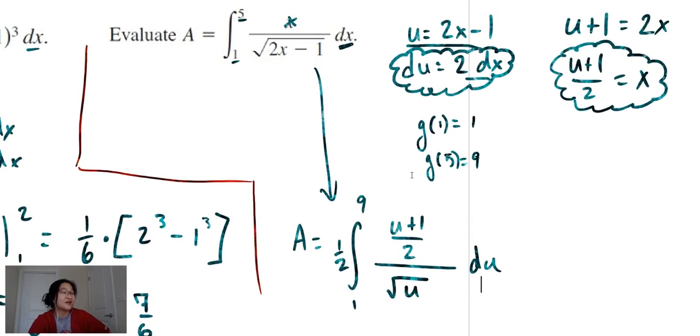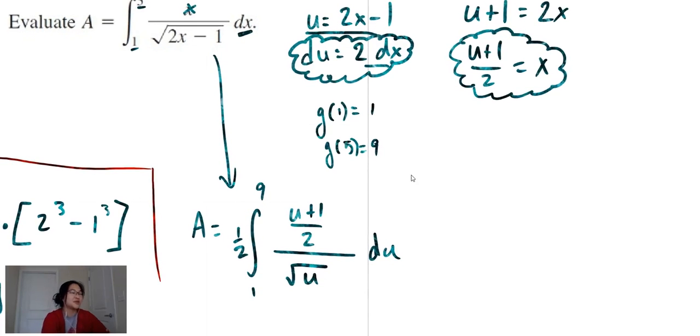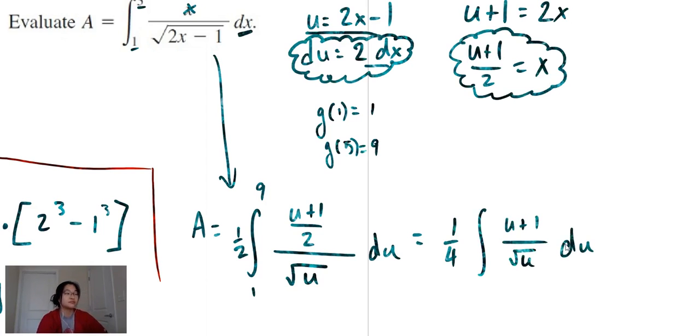Alright, and now that was the calculus part pretty much. Now we just have to do some algebra, a little bit of calculus, and then we will be okay. So, we can factor out a 1/2, so pull that out into the front. So 1/2 times 1/2 is 1/4. Integral of u plus 1 over root u du, from 1 to 9.